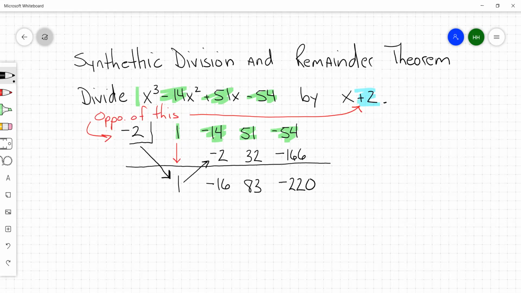So this down here on the bottom becomes x squared minus 16x plus 83 remainder negative 220. So this is your quotient. And your remainder.